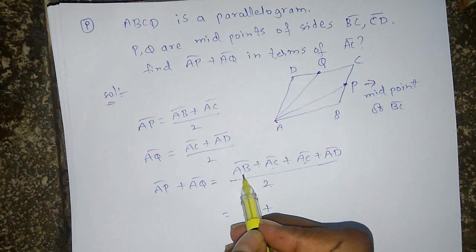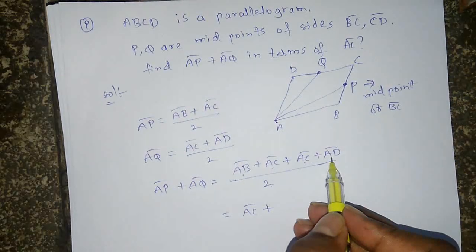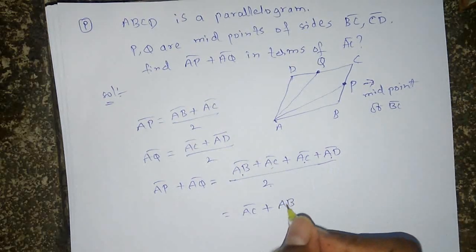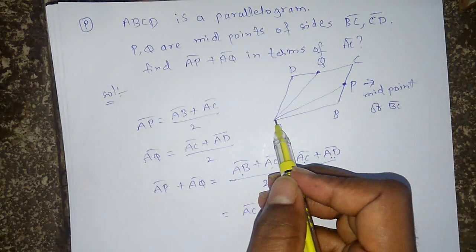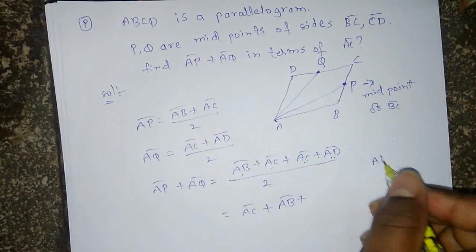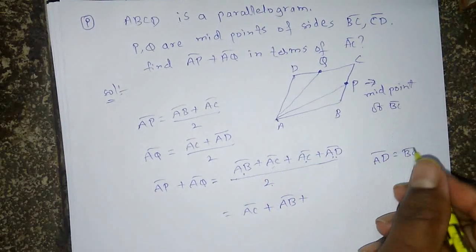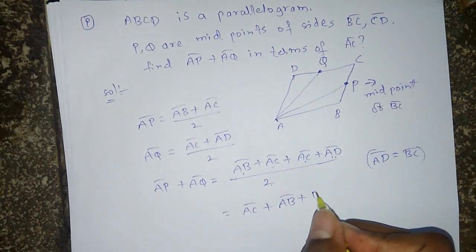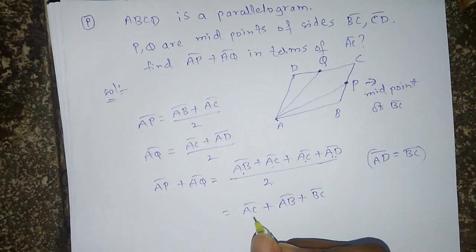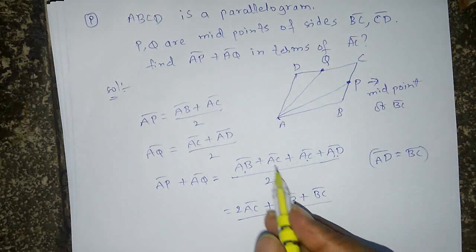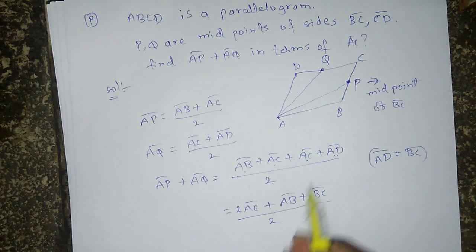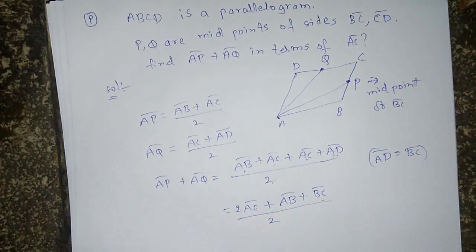Next AB bar is there, AD bar is there. So I am taking AB bar as it is. Now in place of AD bar, since it's a parallelogram, AD bar is equal to BC bar, so I am substituting BC bar.